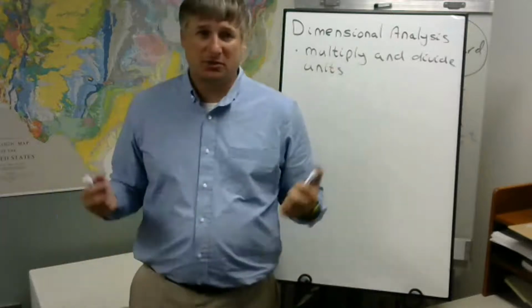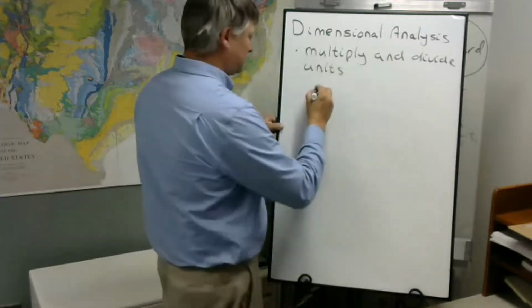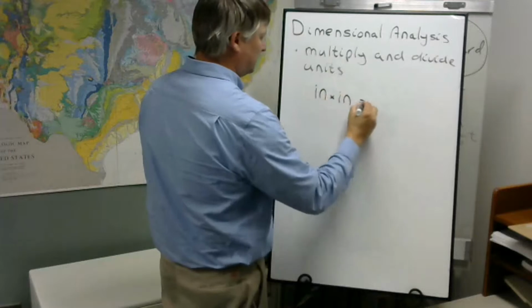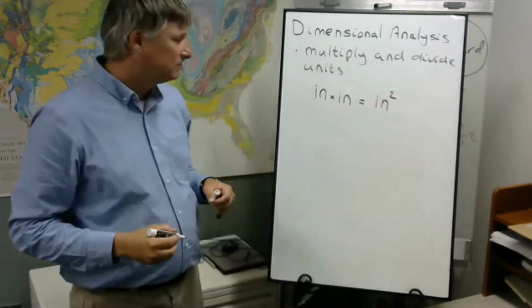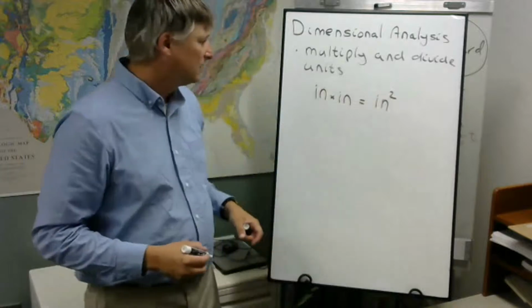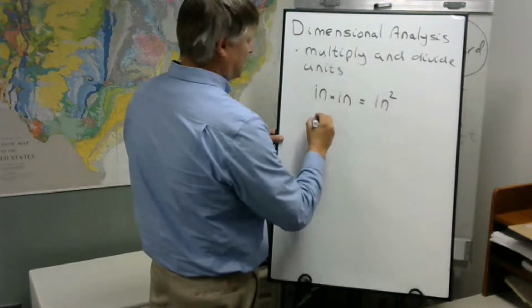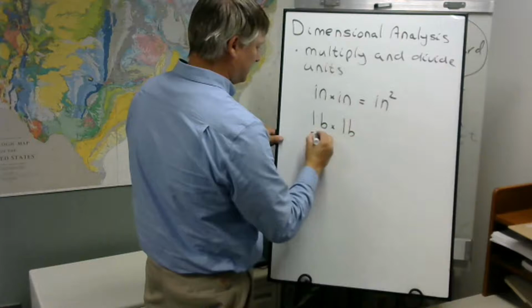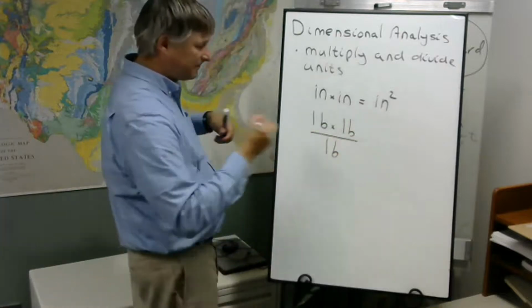Well, you can multiply just the units together. For example, an inch times an inch, we'll call this inch squared. Just like 3 times 3 is 3 squared. We could also take, let's say, a pound times a pound divided by a pound.